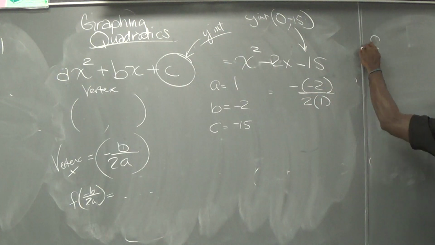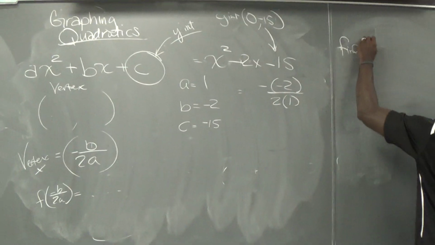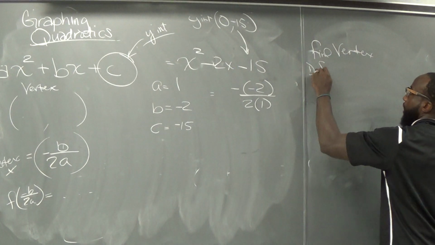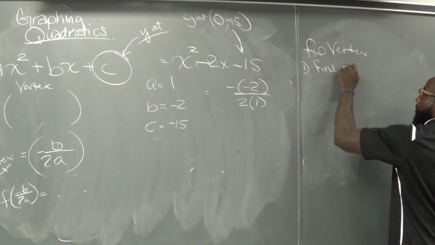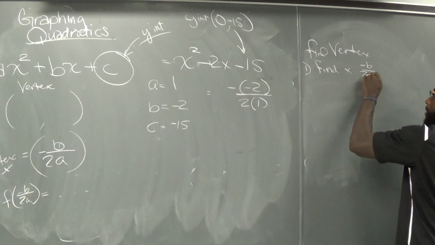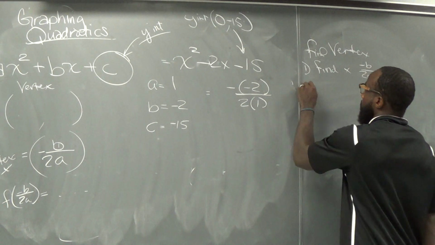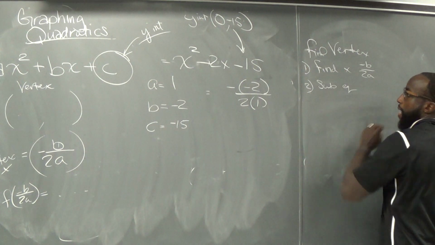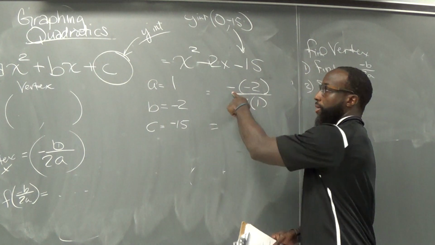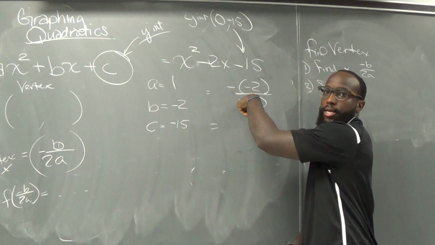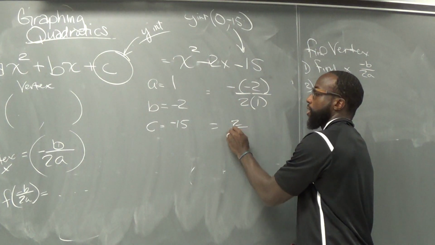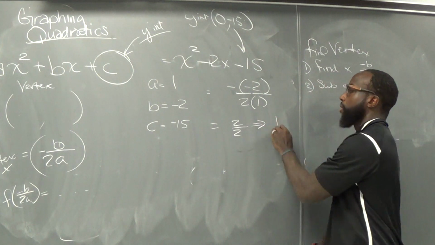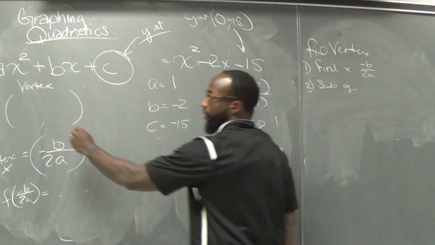So, we're finding the vertex. Number 1, find the x. That's the negative b over 2a. Number 2, you're going to substitute into the equation. So the x is going to be negative 2. Negative 1 times negative 2 is what? Positive 2 over 2. So the x equals what? 1. So the x of the vertex is 1.